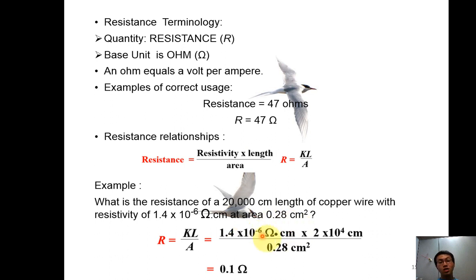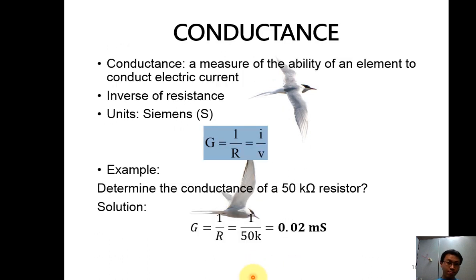Remember, this unit is in centimeter, so I need to have the length in centimeter as well. My length is in centimeter, but I put it in scientific notation. It becomes 2 times 10 to the power 4, which means I have a 4 followed by zeros: 1, 2, 3, 4. Then divide by 0.28 centimeter squared. So I have 0.1 ohm.